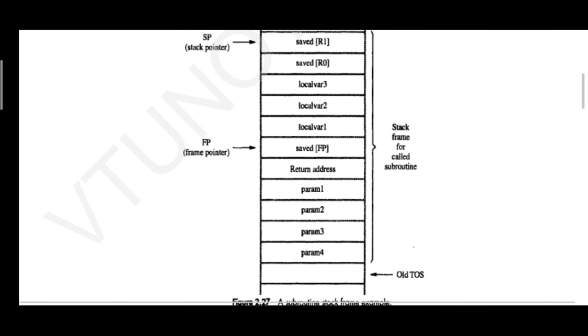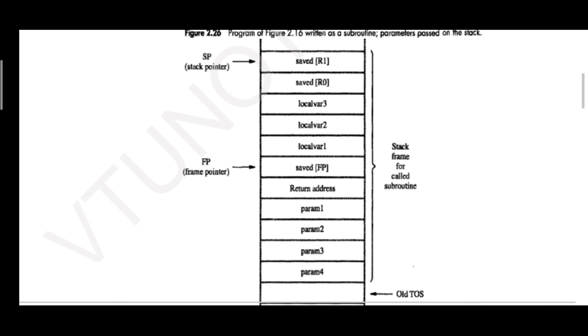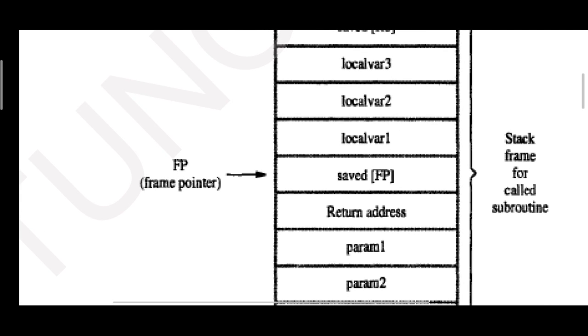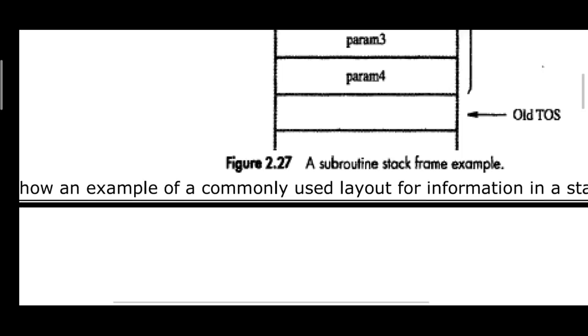Each private workspace will have a special pointer which is called the frame pointer. A stack can have more than one such frame. Each frame will have a smaller subdivision. To locate the smaller subdivision, a separate pointer, the frame pointer, is used.